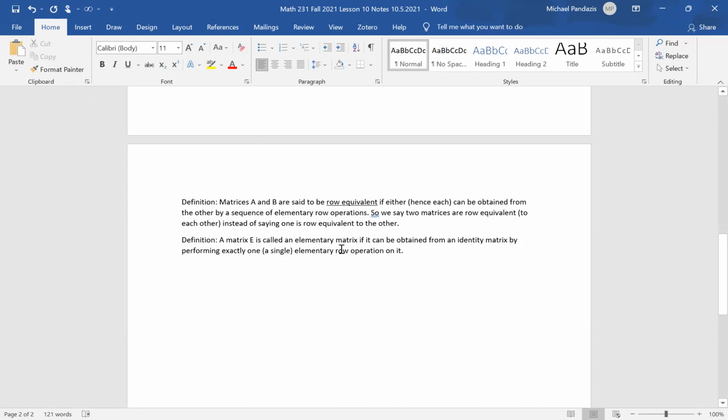So matrix E is called an elementary matrix if it can be obtained from an identity matrix by performing exactly one or a single elementary row operation on it.